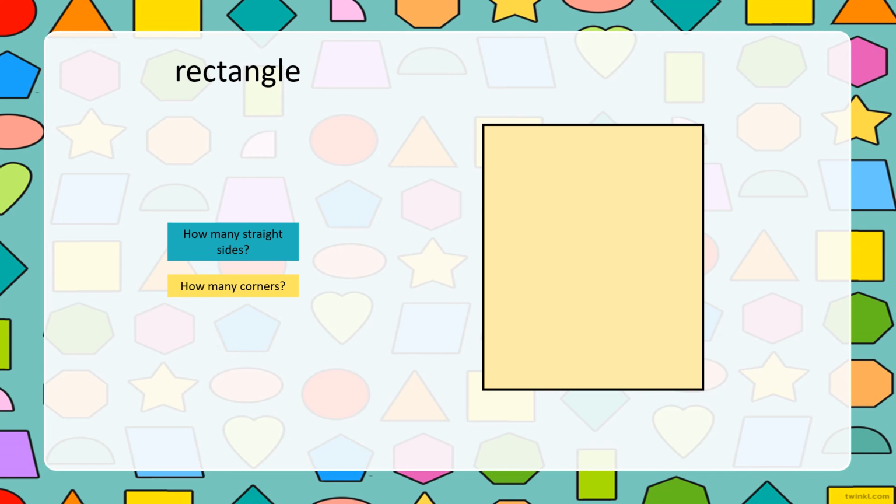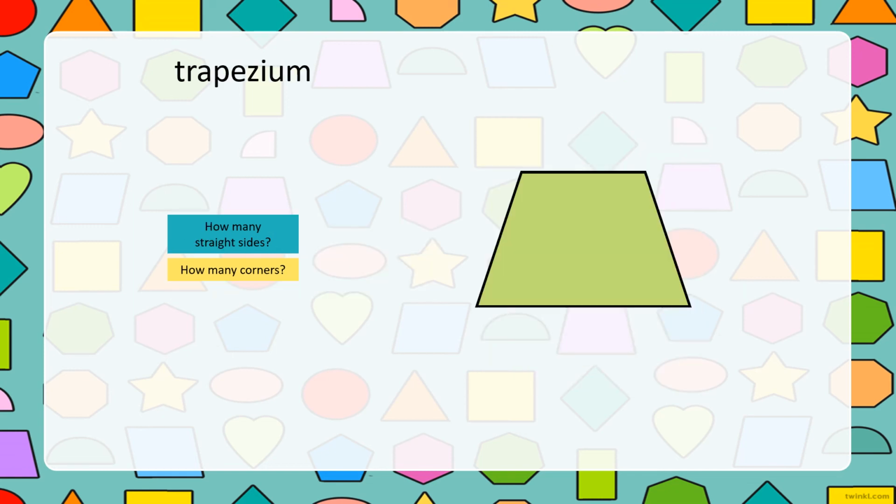What about the rectangle? How many straight sides can we see? 4 straight sides, and each opposite side has the same length. How many corners? 4 corners. This is also a quadrilateral. This shape is a trapezium. How many straight sides can you see on the trapezium? 4 straight sides, and similar to a rectangle, 2 equal length sides.